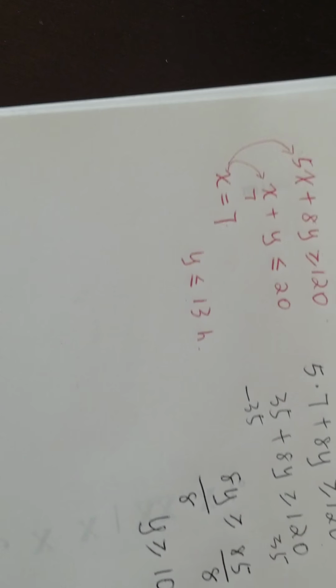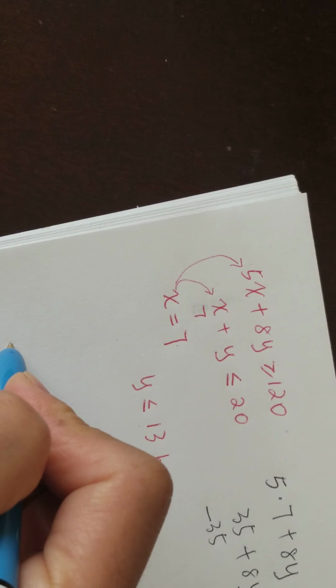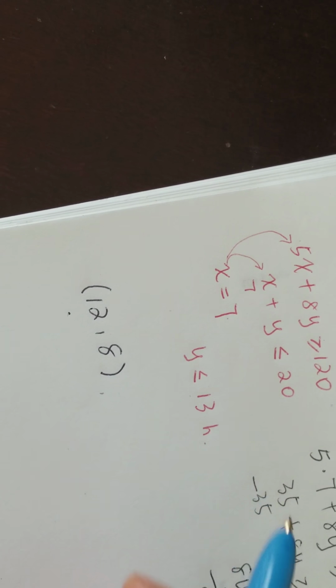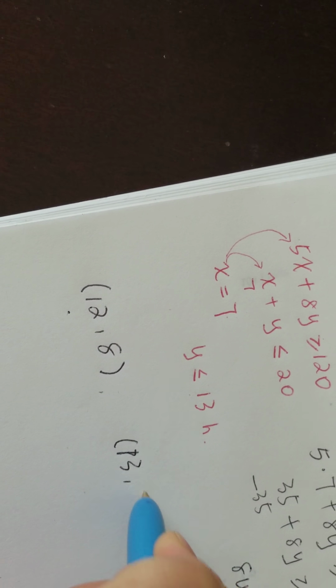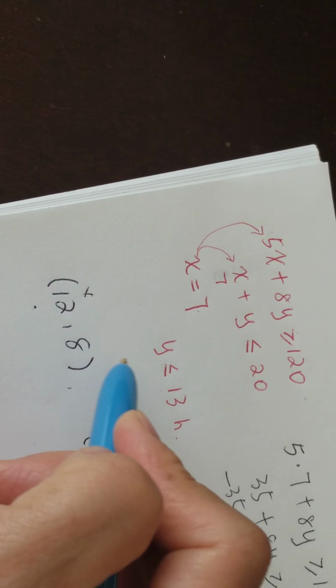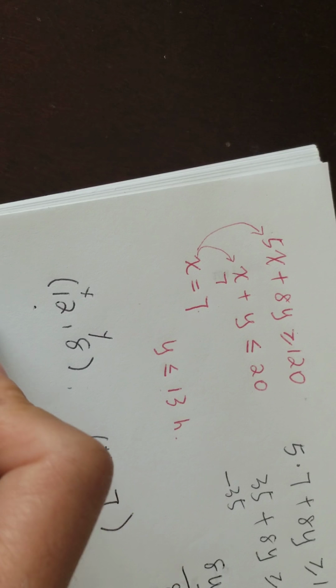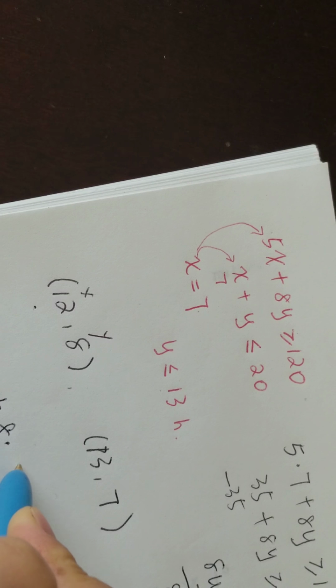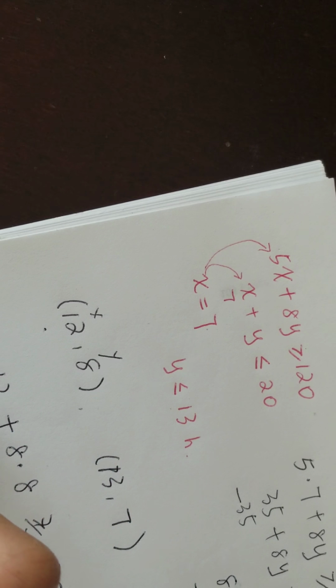Now let's see which one meets our requirement here. I'm going to write that down: 12 and 8 for the first choice, 13 and 7 for the second choice. When x equals 12 and y equals 8, 5 times 12 plus 8 times 8. Will this be greater than or equal to 120? That's 60 plus 64, which is 124.